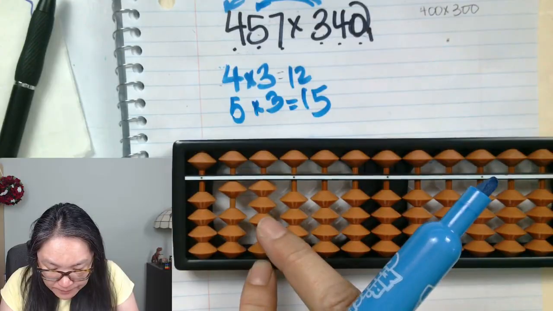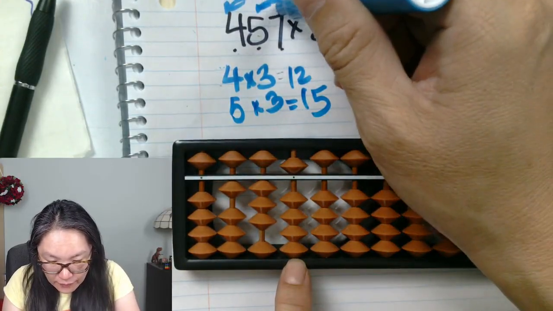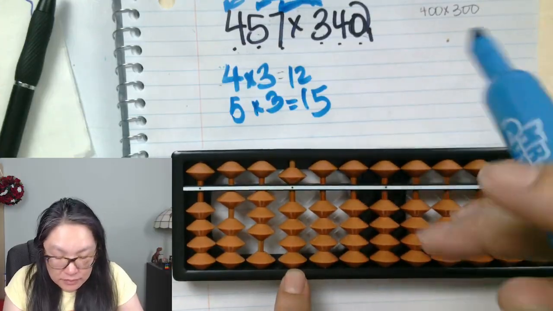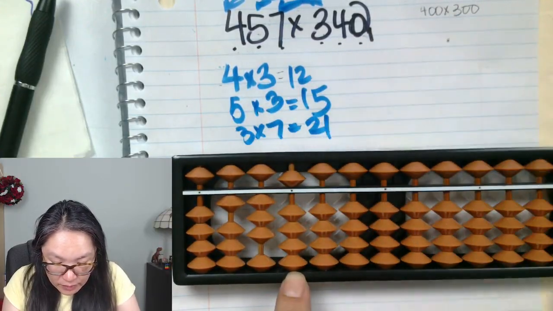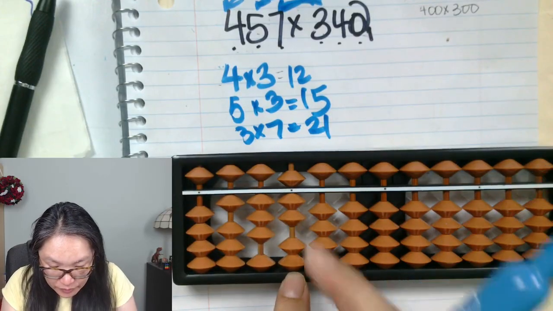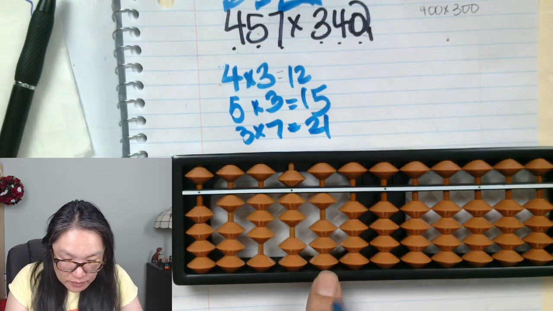I add 1, and then I add 5. 3 times 7 is equal to 21. I add my 2, and then I add my 1. We're done with this.